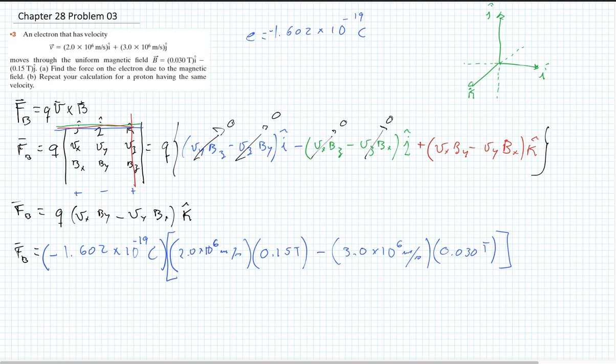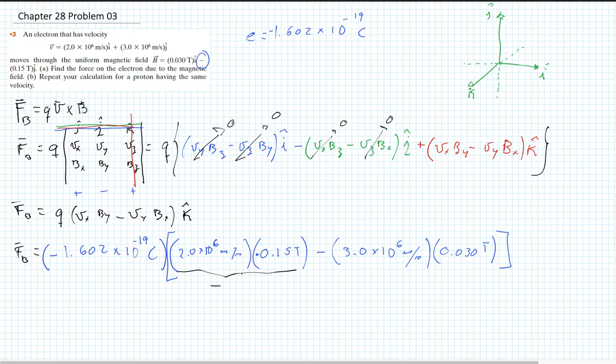So what do we know about these guys here? I know that this number here will end up negative, because this guy here is negative. Take a look. Okay, so this guy here will be negative.